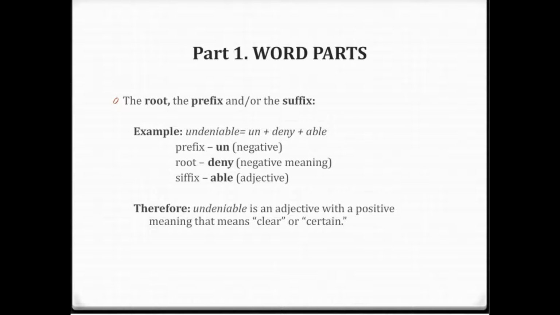And the suffix able tells us that this is an adjective. So we have an adjective now with the positive meaning. Therefore, we can probably conclude that this word is an adjective and now it has a positive meaning. So something cannot be denied, something that is obvious or clear.